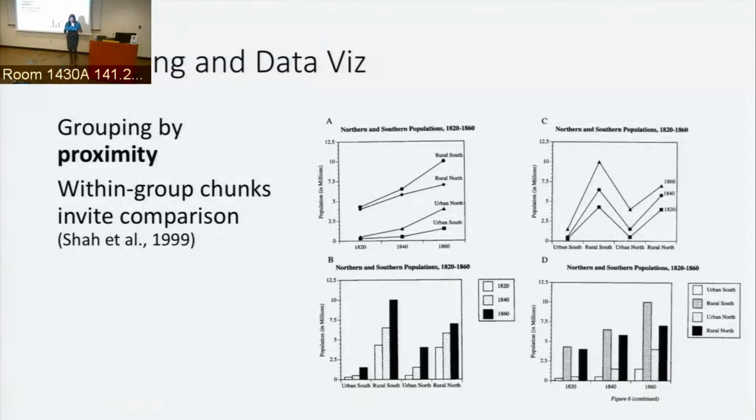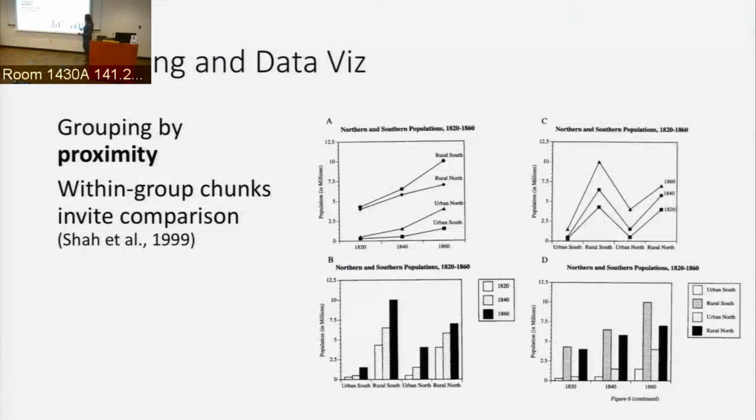And as it turns out, generally when things are grouped by proximity, things that are closer together tend to be compared more easily, right? So having this within-group chunk of, in this case, year information, so 1820, 1840, 1860, this kind of organization more easily allows you to compare this overall trend of the population increasing over time.